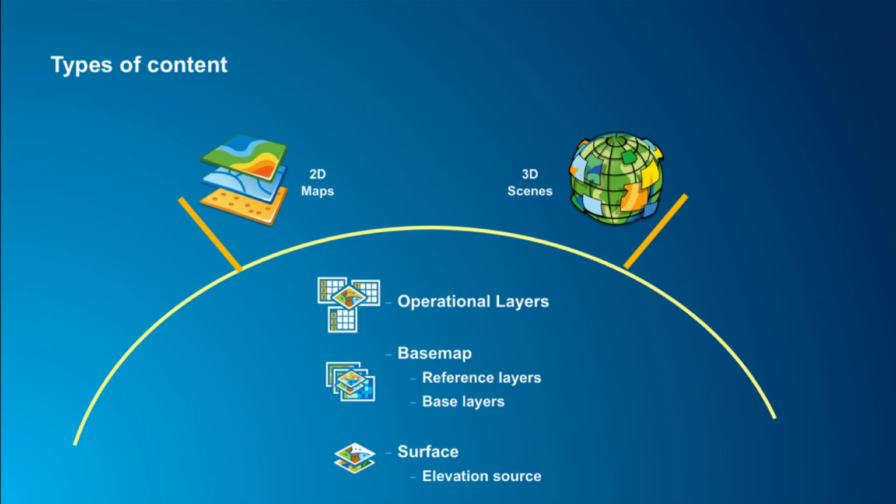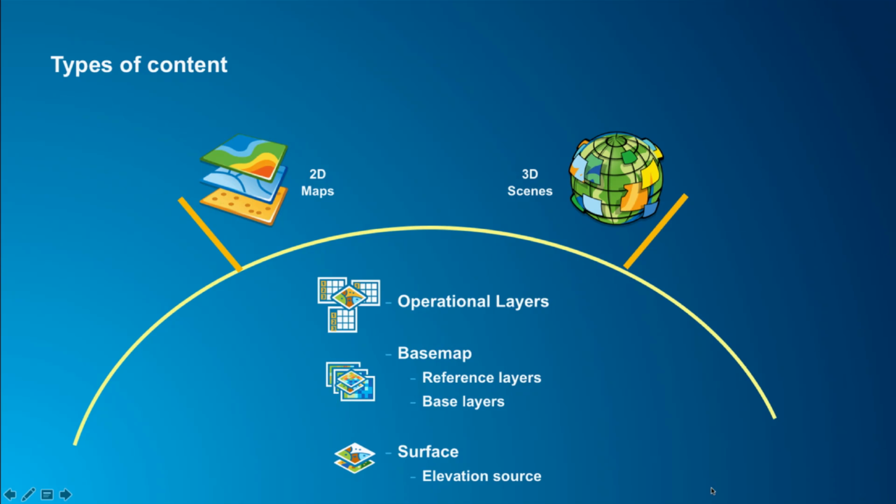Examples of an operational layer may be a utility network for an asset management application, or the burn area for a firefighting app. Below the operational layers is your base map, and the base map just provides some geographic context for all the layers on top. So it's some common data like roads or administrative boundaries or satellite imagery, and it doesn't change much. And it's usually common between a lot of maps and applications.